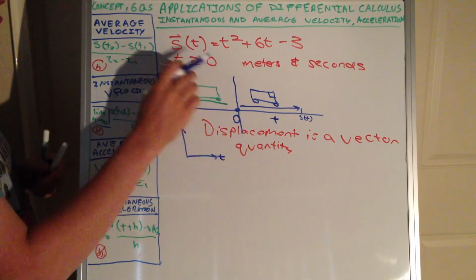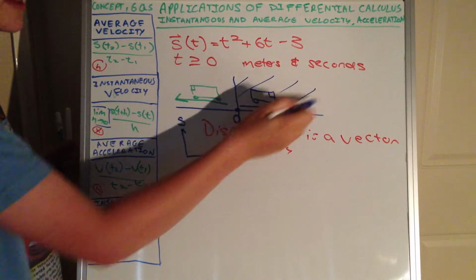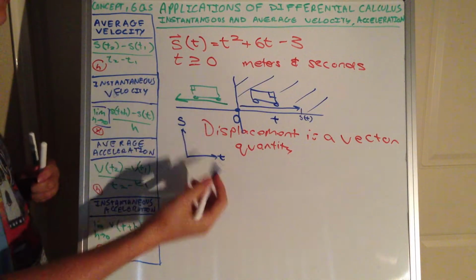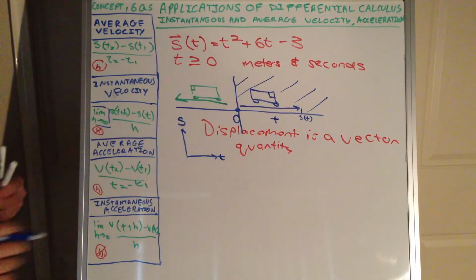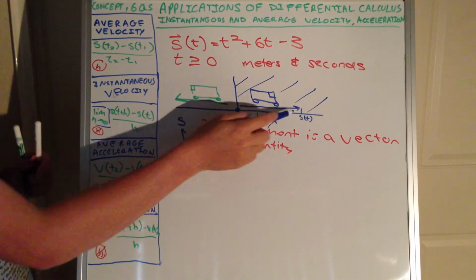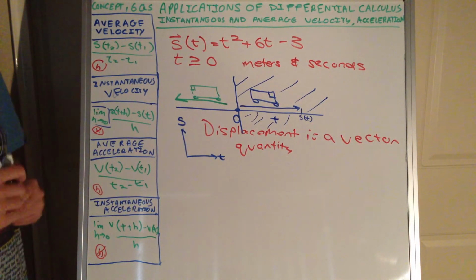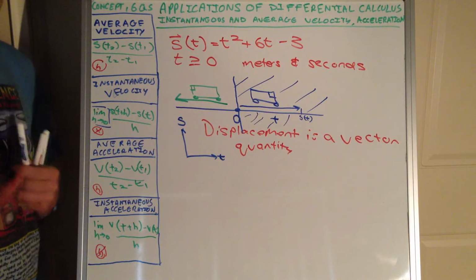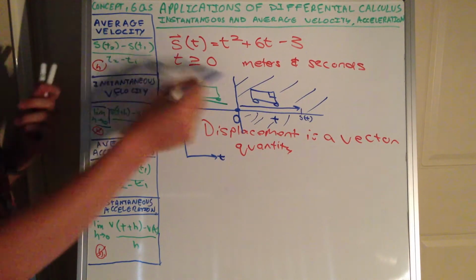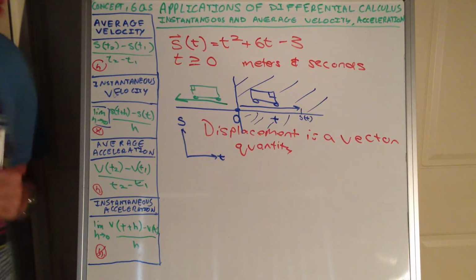But in this case, t is greater than or equal to 0 for any path of the bus, so our s(t) graph only exists in this quadrant up there. Technically, it could exist down there if we had negative displacement, which we couldn't have here. If this was a v(t) graph, then we could have that. But anyway, there's the first question sort of answered.